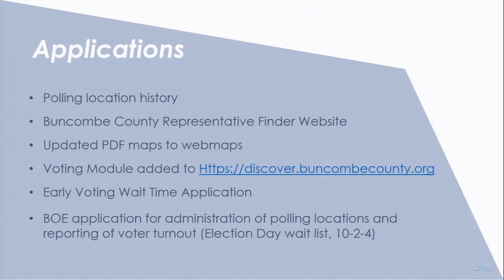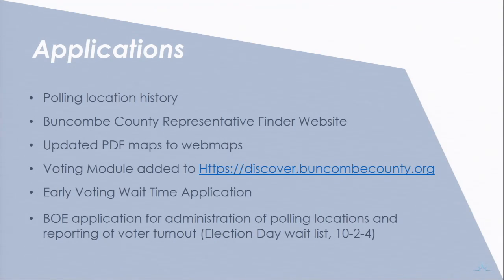The next thing, and what we are probably most proud of, is our wait applications. So in 2016, Vicki built our first wait map, which is for early voting. And that project was a big success. The public liked it, and it was really good in-house as well.